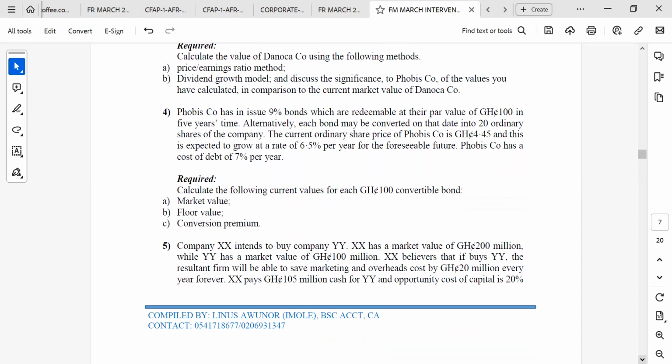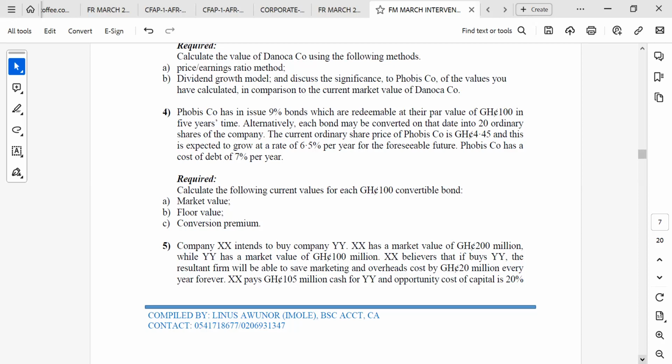Okay, question 4. Phobisco company has issued 9% bonds, which are redeemable at their par value of 100 cedis in 5 years' time. Alternatively, each bond may be converted on that date into 20 ordinary shares of the company.